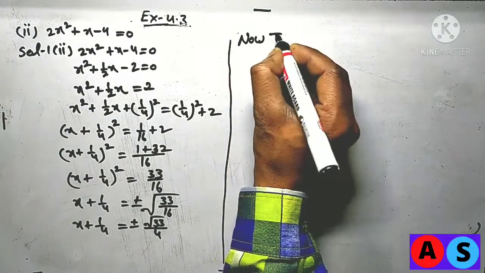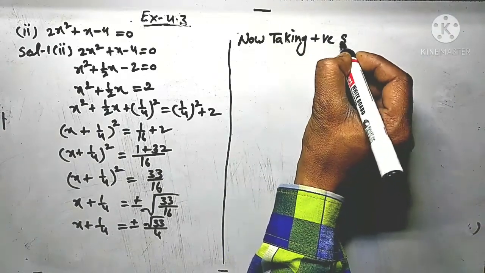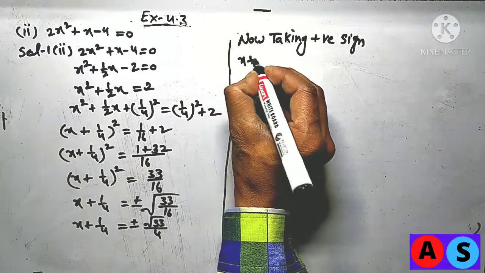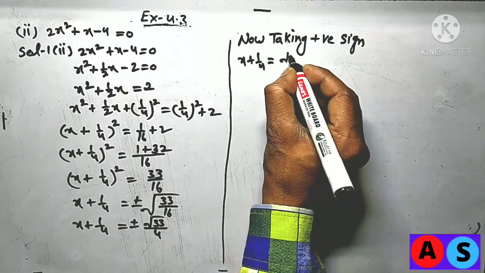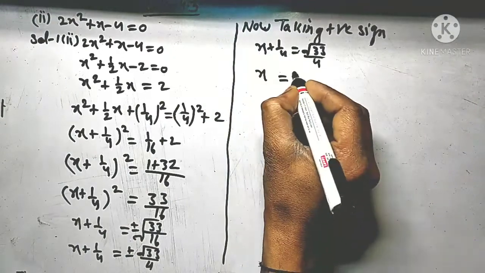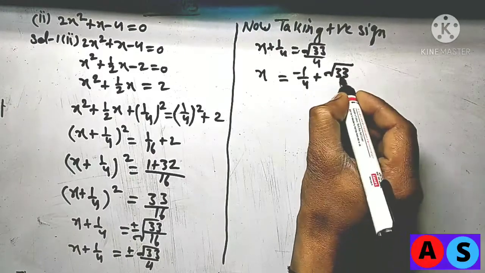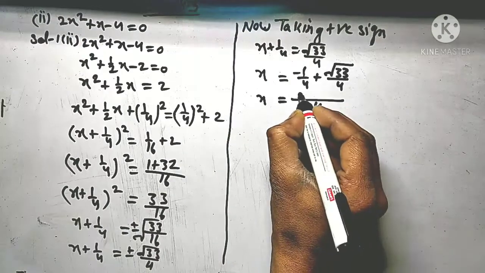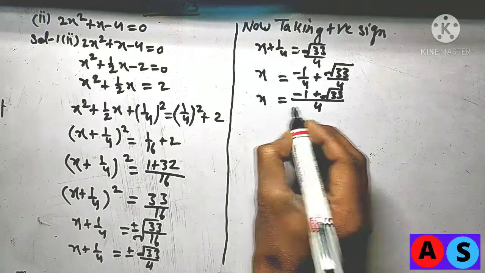Now taking positive sign, we get x plus 1 over 4 is equal to positive under root 33 over 4, x is equal to minus 1 over 4 plus under root 33 over 4. We take 4 as LCM, x is equal to minus 1 plus under root 33 over 4.